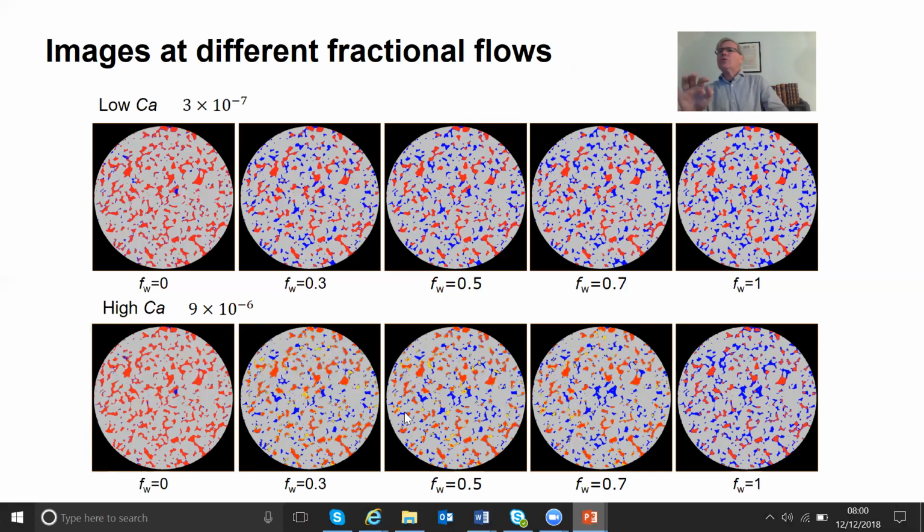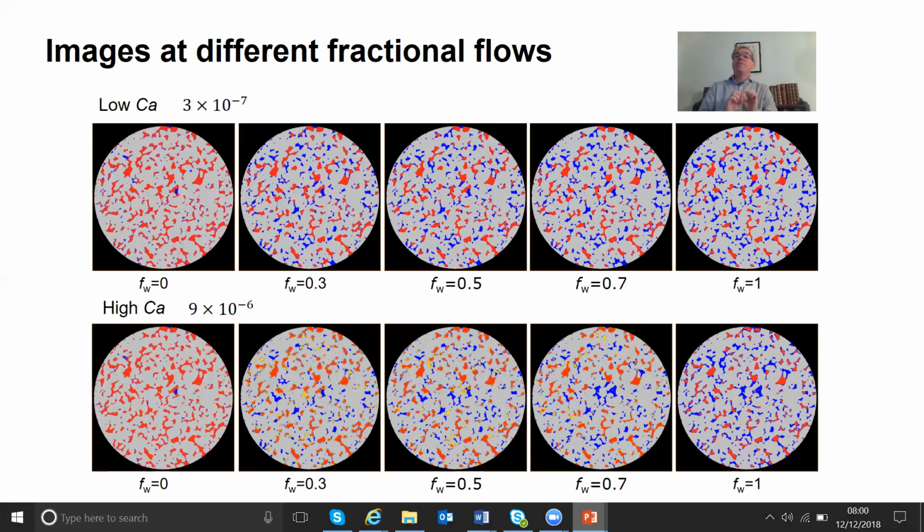And you might think, well, what's yellow? The yellow represents regions where, over about an hour to take this image, some of the time the pore space was full with water, sometimes with oil, so there was some sort of fluctuating occupancy. There's still a well-defined relative permeability, but here now, the flow pathways are not fixed.